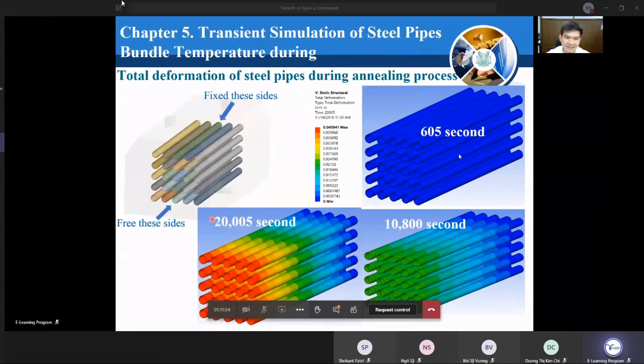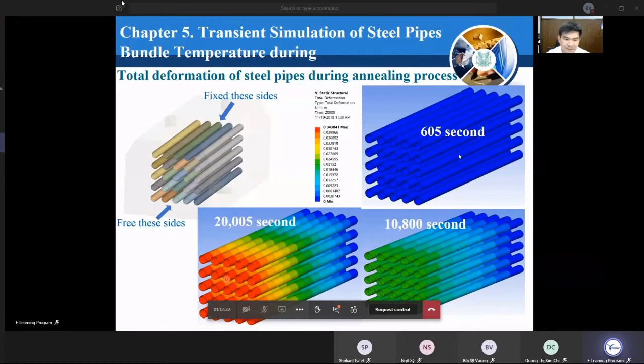Then we consider the total deformation, with the steel pipe extending like this for the first one at 10 minutes, 600 seconds, and then the one at 10,800 seconds. We can see it increases, and the last one is really the red color.